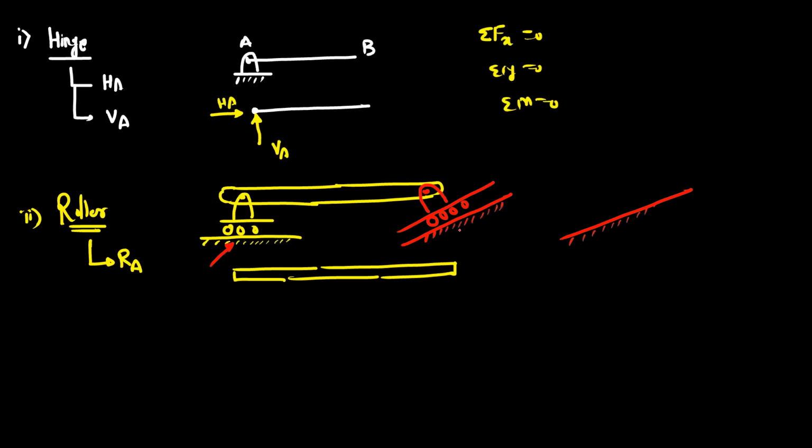When you show the reaction at this point, you should show the reaction like this. This reaction will be exactly perpendicular to this surface. So here it is exactly perpendicular, and here this is the incline. Let us take this as RA and this as RB.